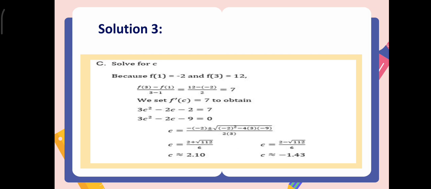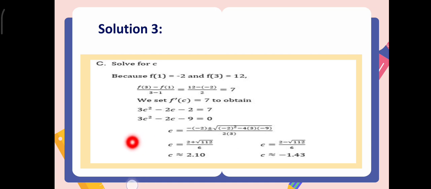So, using the quadratic formula, we can obtain c is equal to negative 2 plus square root of 112 all over 6, and another c, which is negative 2 minus square root of 112 all over 6.